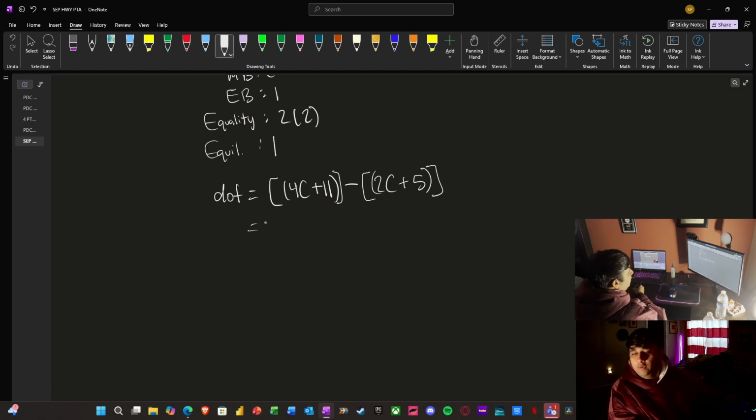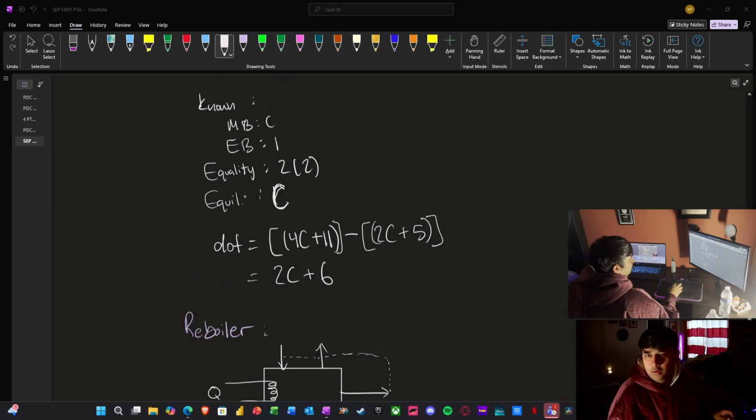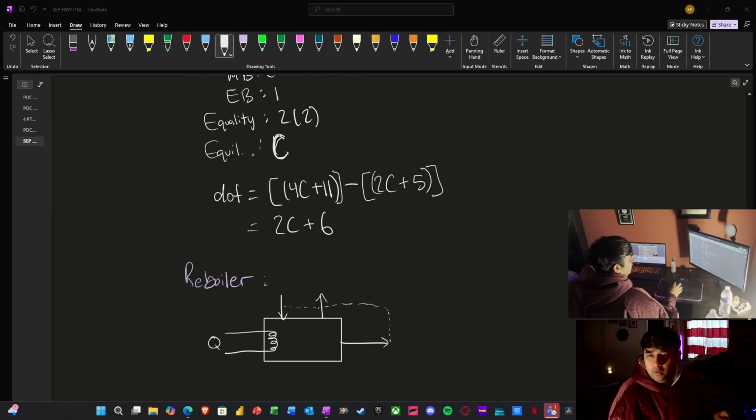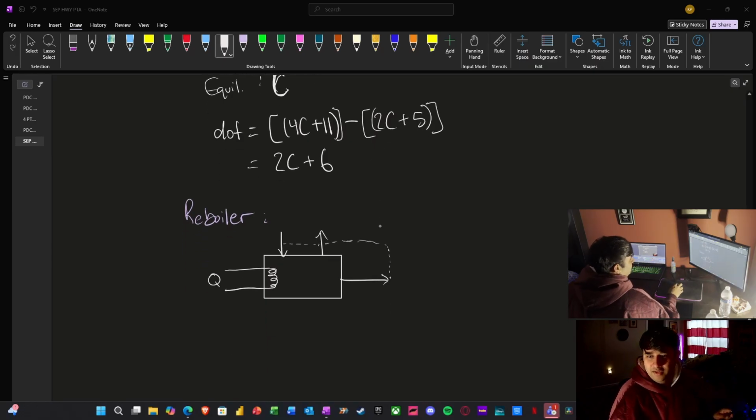And so we're left with 2C plus 6. Just to clarify, our equilibrium is going to be C. I forgot, it's not 1, it's C. Otherwise it wouldn't make sense. How do we get 2C?